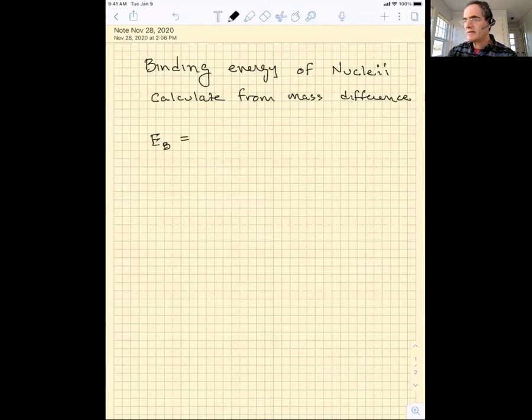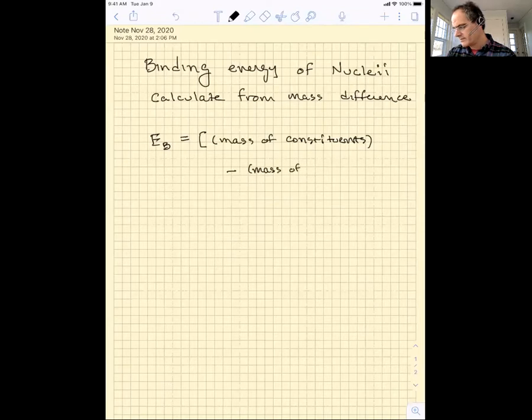So the binding energy is equal to the mass of the constituents minus the mass of the nucleus, times c squared, okay?